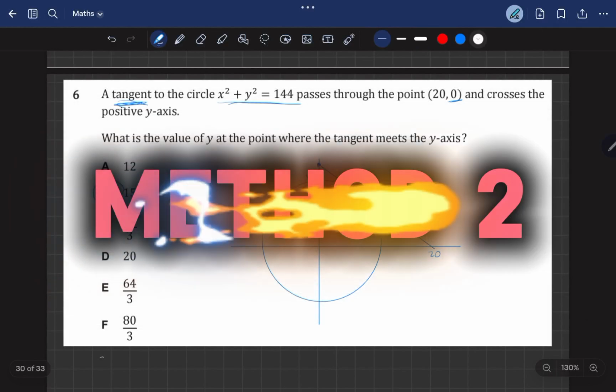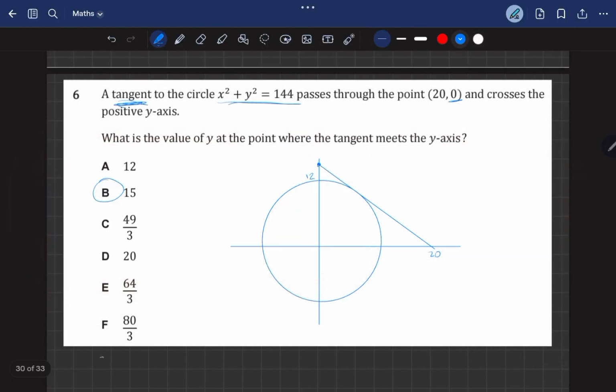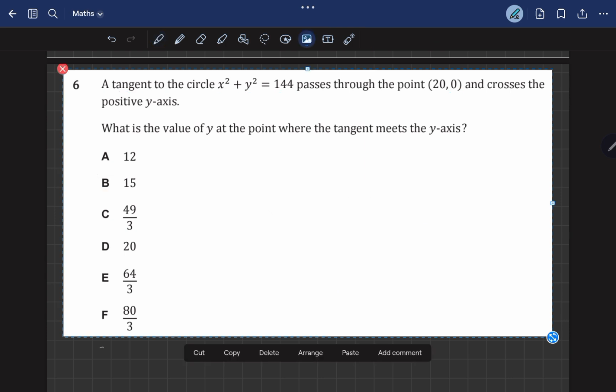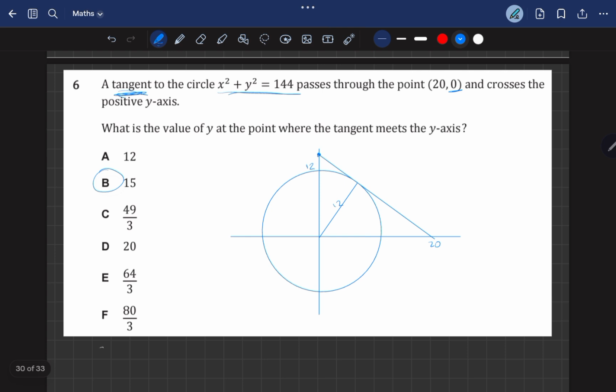Okay, this other method, we still have the same diagram, but let's draw the point at which the tangent meets the radius. Okay, and I know that this is going to be of length 12 because it's the radius of the circle. This is going to be 90 degrees, because tangents meet the radius at 90 degrees.